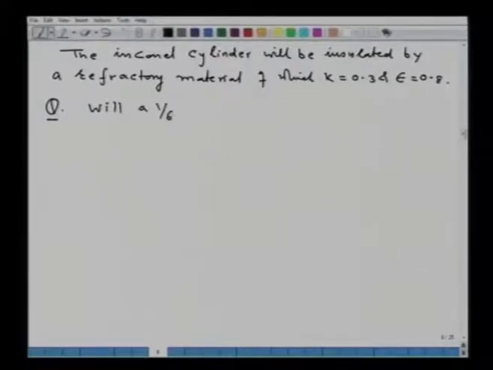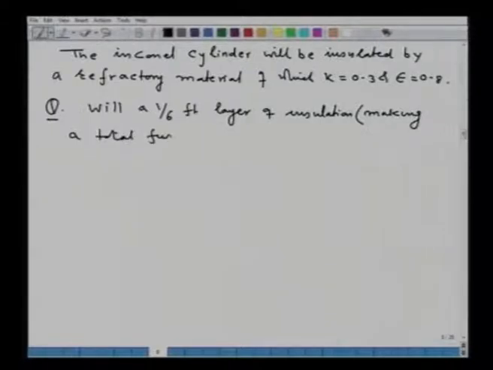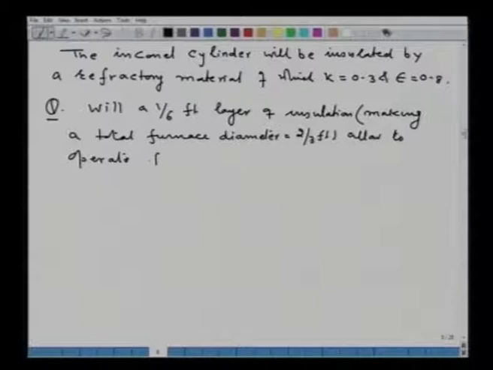Question: will a 1/6 feet layer of insulation, making a total furnace diameter equal to 2/3 feet, allow to operate furnace autogenously? Make suitable assumptions.